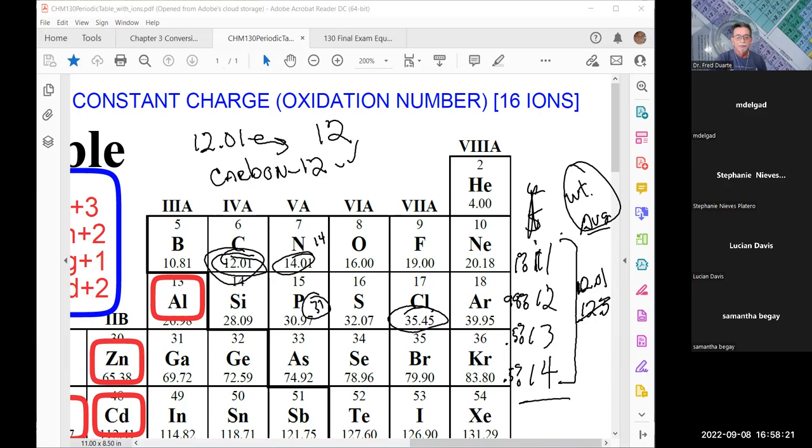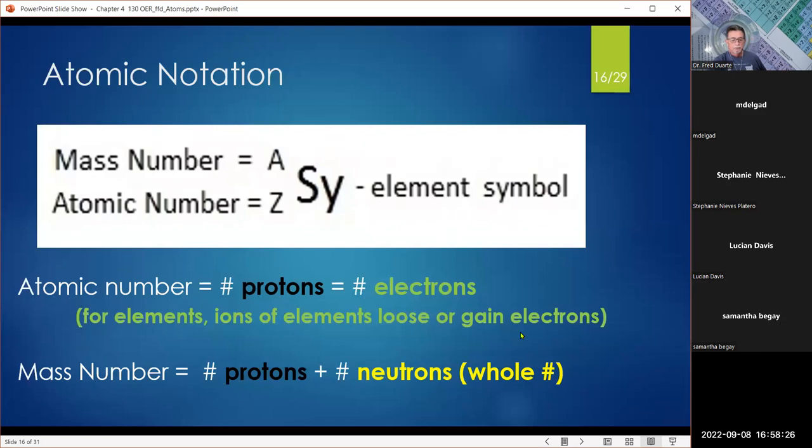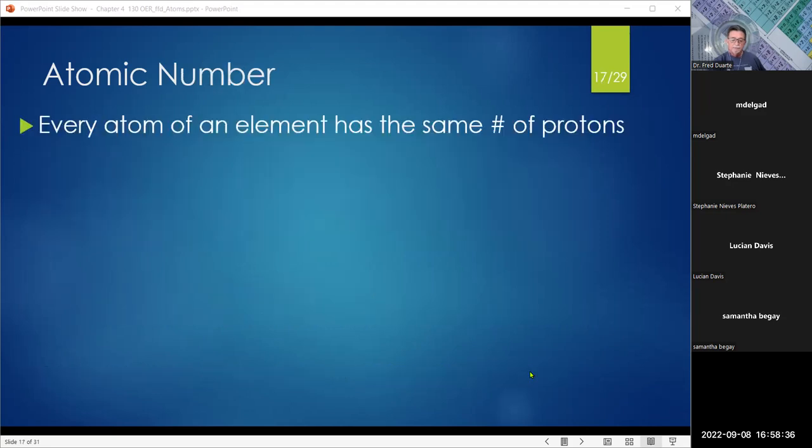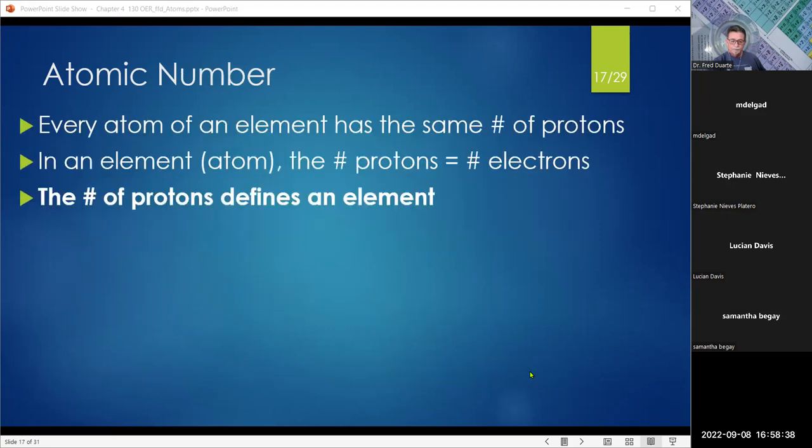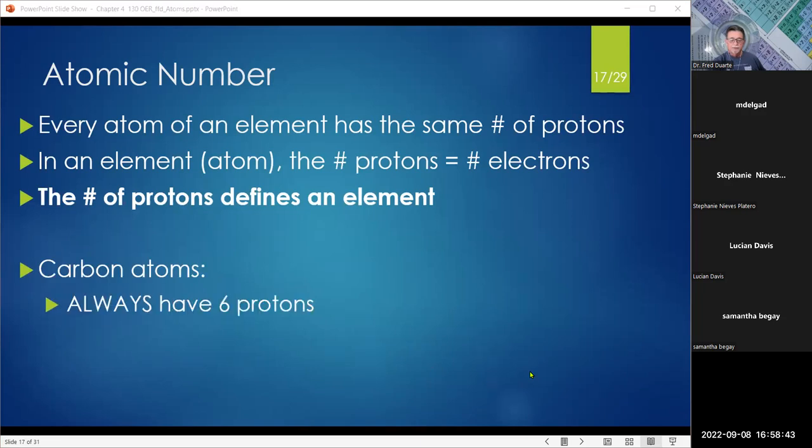Okay, let's go back to that. So the mass number is the number of protons plus the number of neutrons, which are whole numbers. Now, the mass number, what we do to determine that is this. Carbon atoms, for example, always have 6 protons.